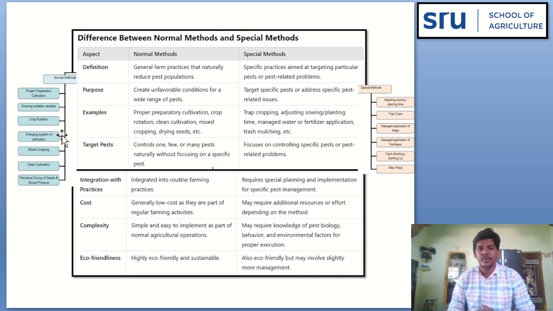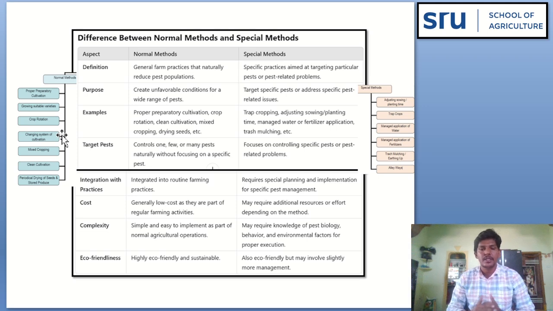But in case of special method, trap cropping, adjusted sowing and planting time, managed water or fertilizer application, trash mulches, etc. They focus on controlling a specific pest only.